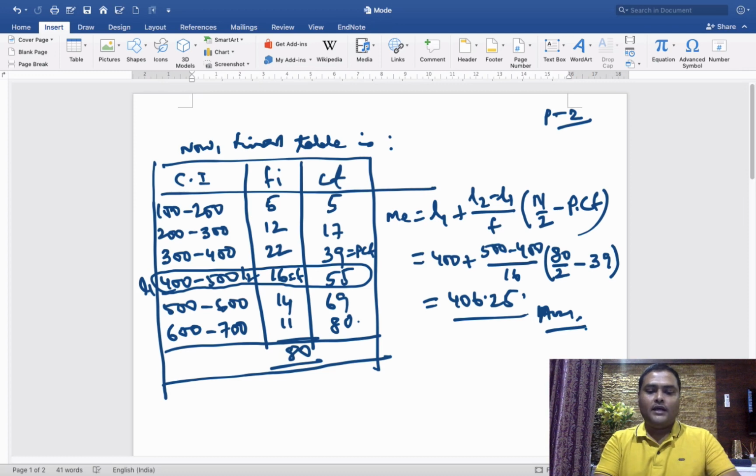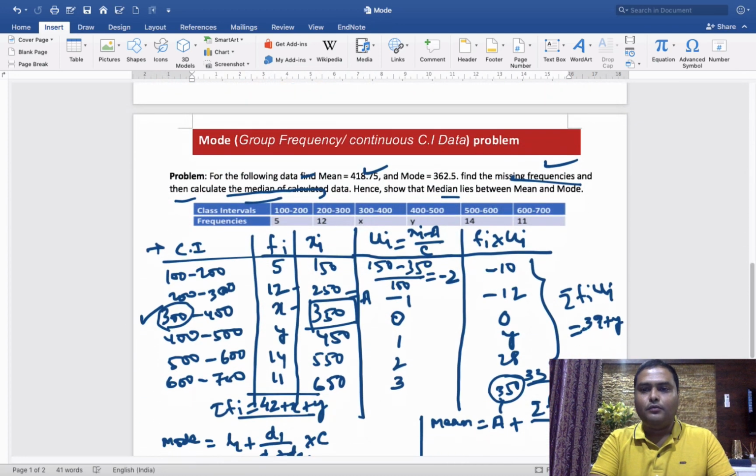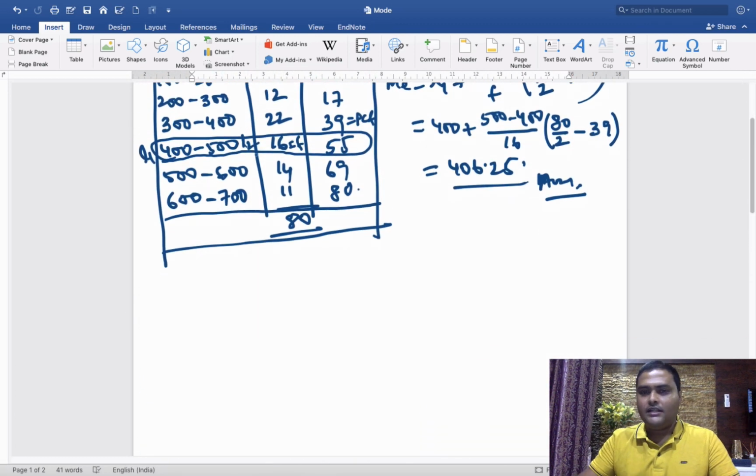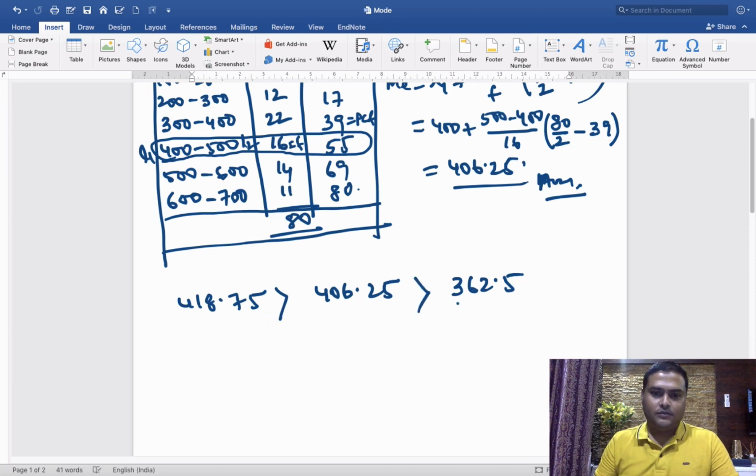Now, as per the previous question, we need to prove that this median value lies in between the mean and mode. So we write 406.25, 418.75 and 362.5. 418.75 is greater than 406.25, which is greater than 362.50. 418.75 is the mean value.